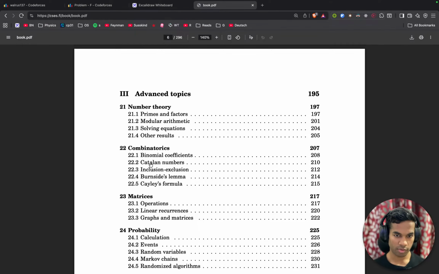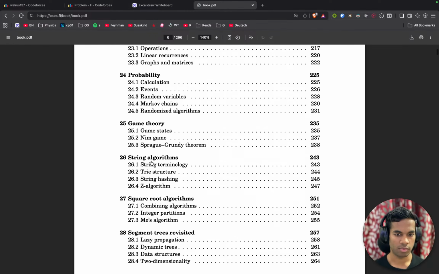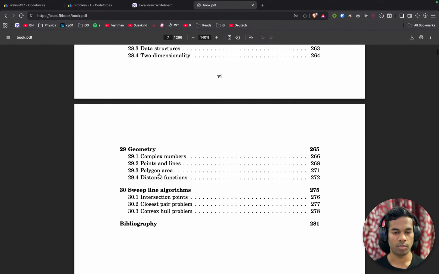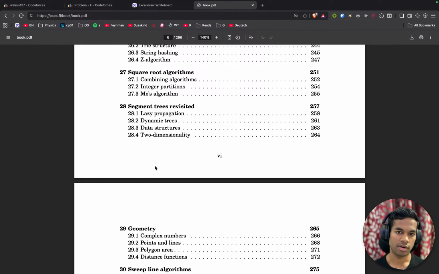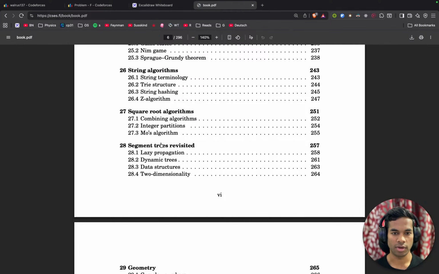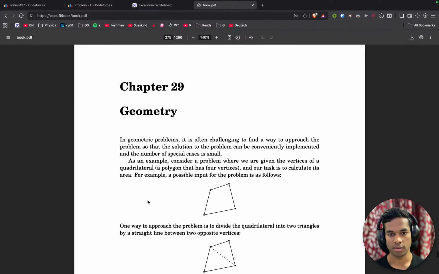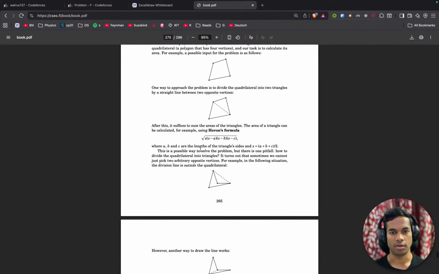Number theory, no. Combinatorics, probability, game theory. Geometry, yes, that is what we want. Distance functions, points and lines, more specifically this is where we are struggling. Sweep line algorithms, segment tree revisited, square root algorithms, no. Let's read a little bit of geometry. Yeah, let's do this.